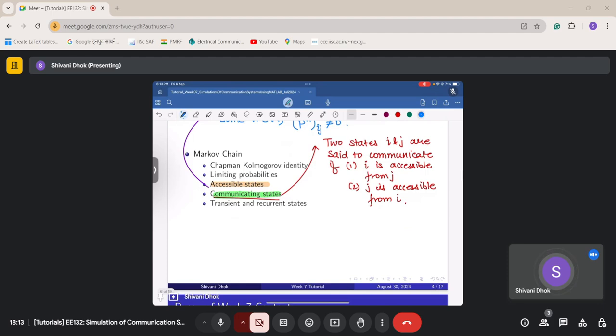And then the last concept that we saw for Markov chains was just stated, so don't worry too much about all of these things.